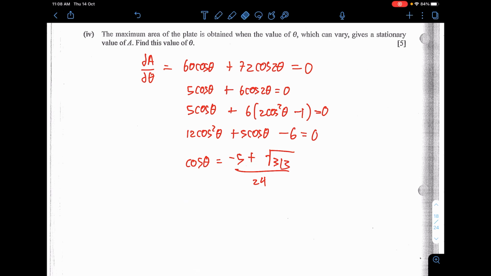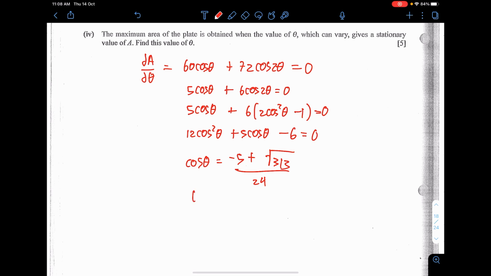If cosine theta is negative, it must be quadrant 2 or quadrant 3, and that means the angle must be obtuse or reflex. I want this to be an acute angle, and the only way is when cosine theta is positive.